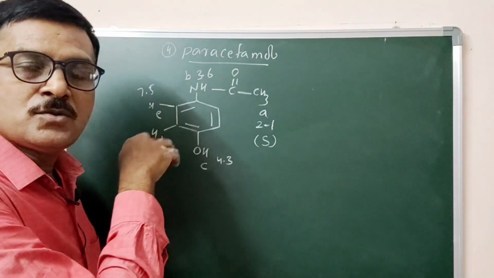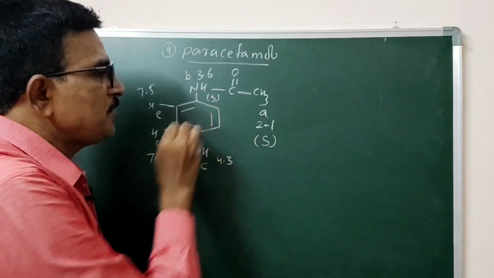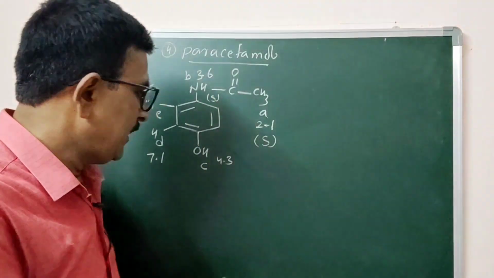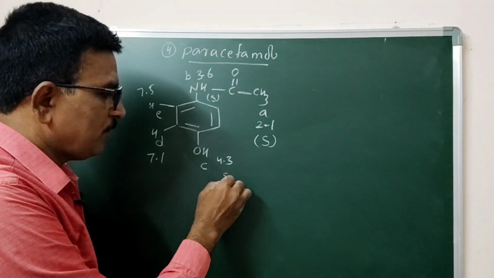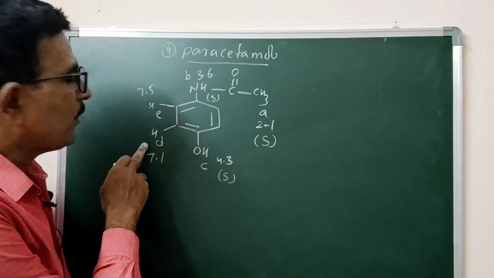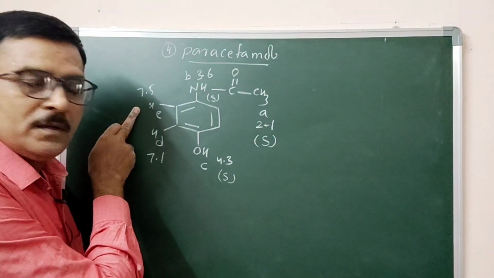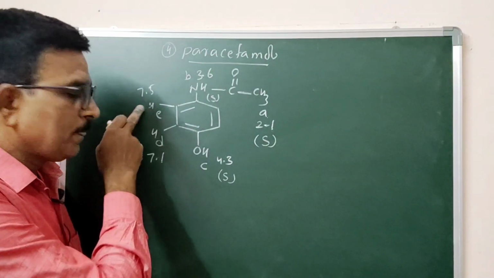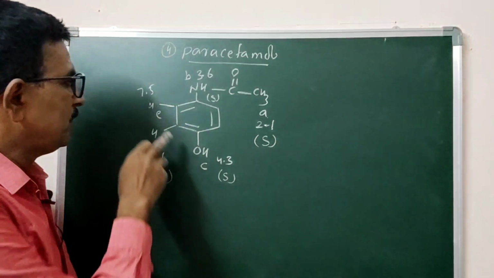NH proton also has no adjacent, hence singlet. NH proton also appears as a singlet. OH proton also does not have any adjacent, therefore singlet. It also appears as a singlet. Now coming to D proton, the D proton has one adjacent, D coupled with E, therefore according to the n+1 rule it appears as a doublet.